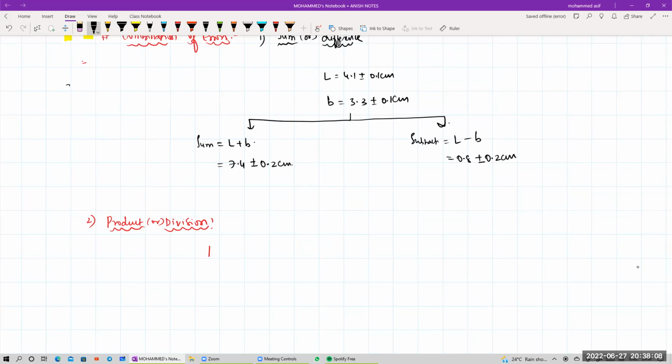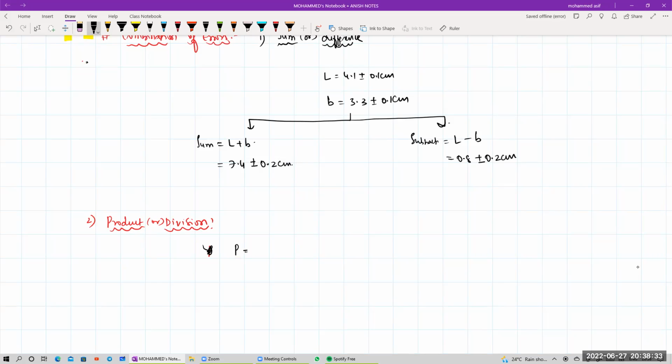Like if I'm taking right now here, P is equal to some value, whatever value you're taking.